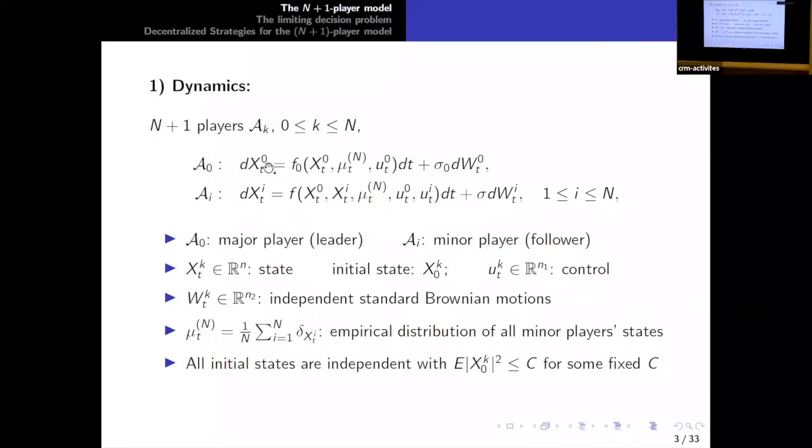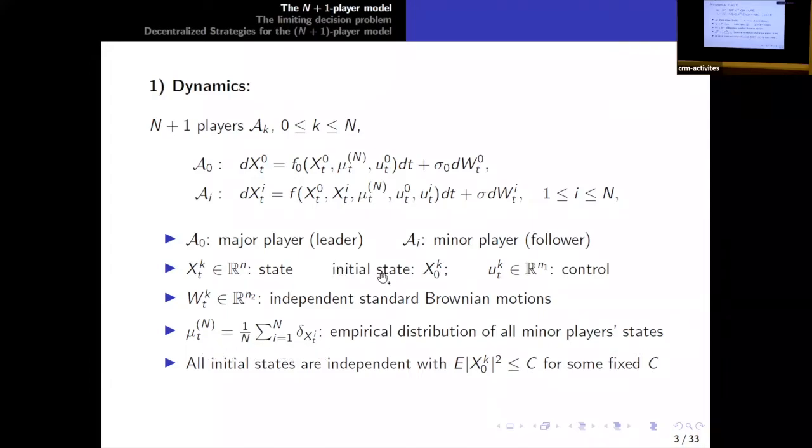This big guy. In contrast, when we consider the minor players, they mutually have a very small influence on each other, and also on the major player, because of the scaling appearing in this empirical distribution.